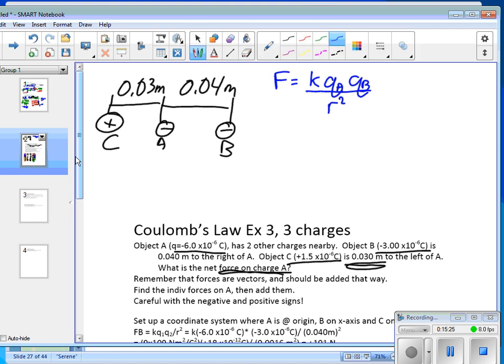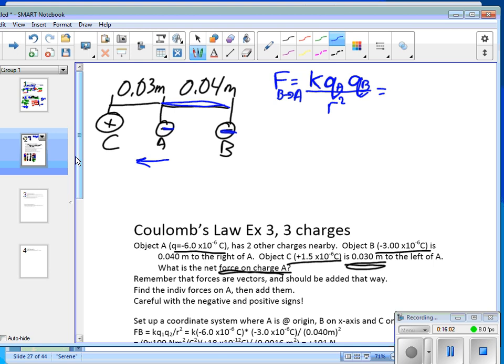What we've got to do here is ask, what's the force of B on A? I know already that because these are both negative, it's going to be a repelling force that way. If I do my quick calculations, I've got my value for K, which is always 9 times 10 to the 9. I have my charges, which I just discussed. And then my distance here is this guy here.